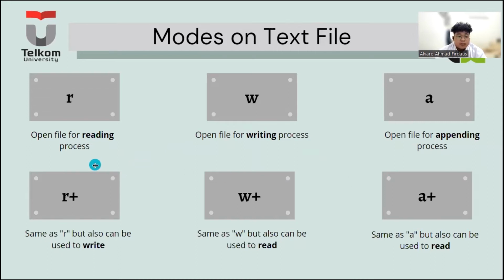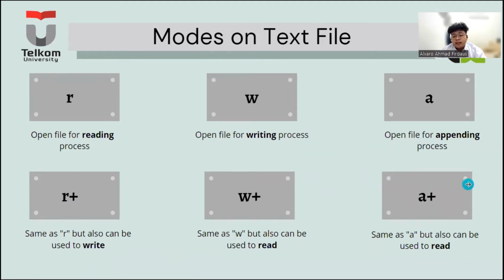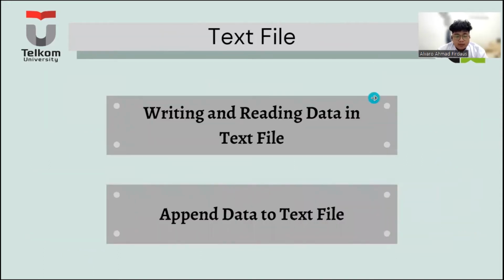It's actually the same, but r plus is the same as r but can also be used to write. And then w plus is the same as w but can also be used to read. And lastly, a plus is the same as a but can also be used to read. So the main topic here is how to write, read, and append data to the text file.